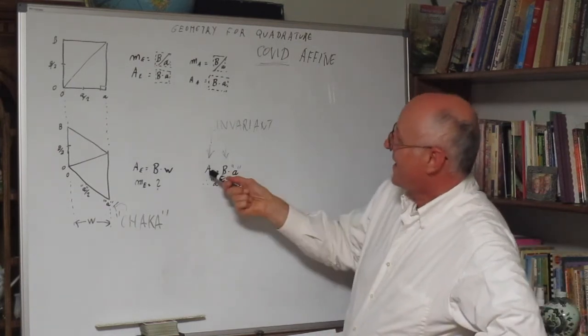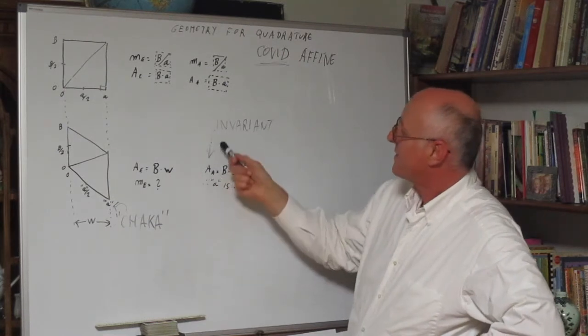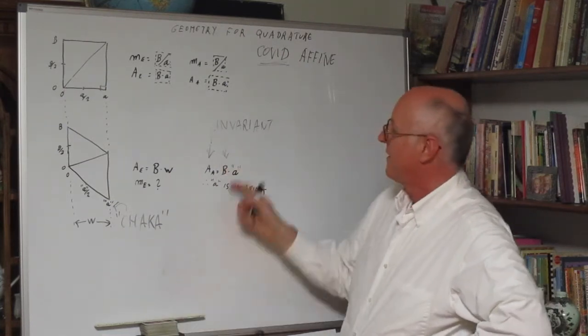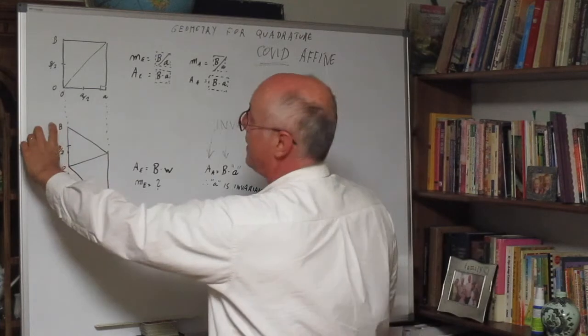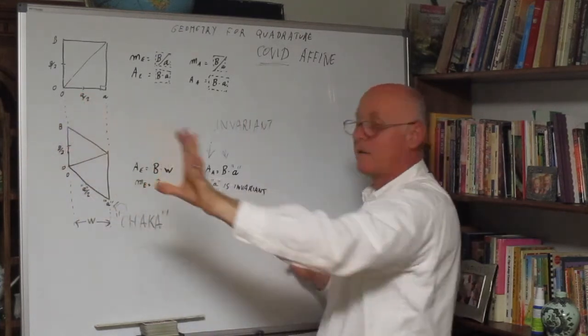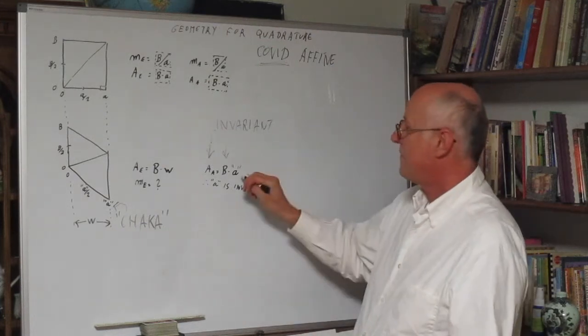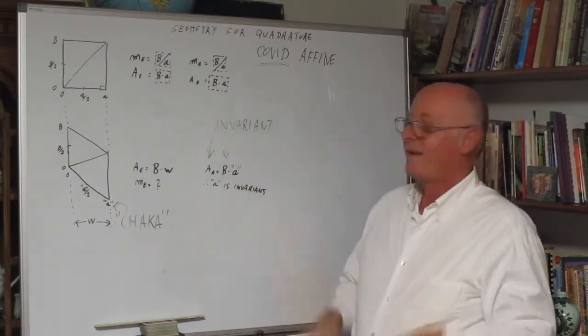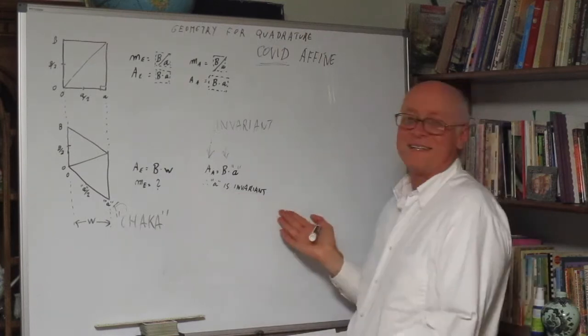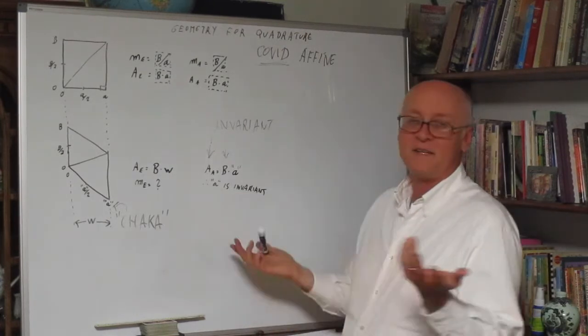Area is invariant. This distance, B, no problem there. That's invariant. No change. Therefore, A has to be invariant, no change, under a Cavalieri shift.